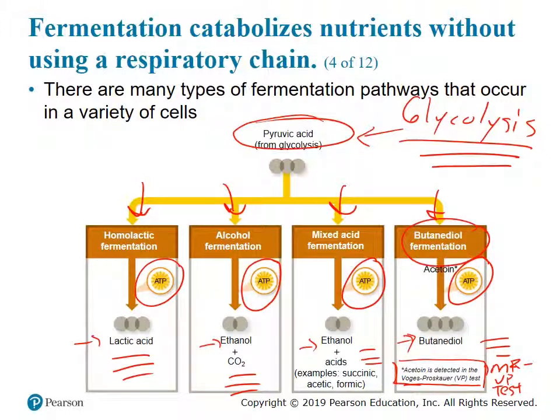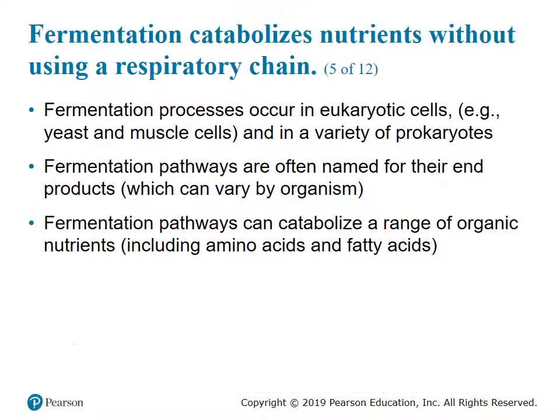Okay? But stepping back, fermentation's main goal is to keep glycolysis moving, and moving glycolysis produces pyruvic acid, and depending on which organism undergoes fermentation, we see different side products.